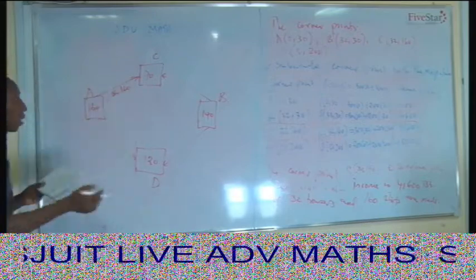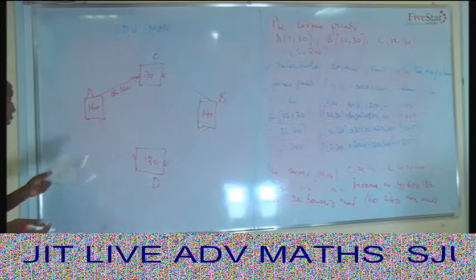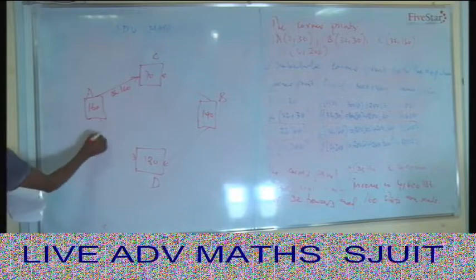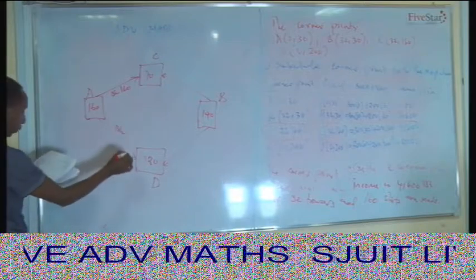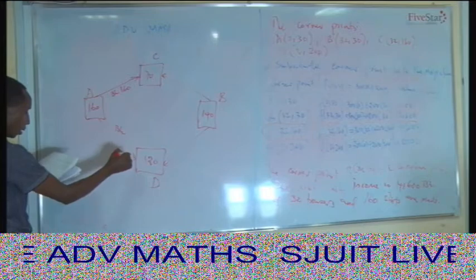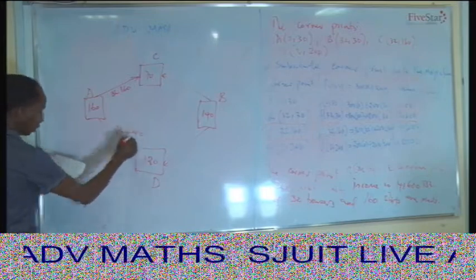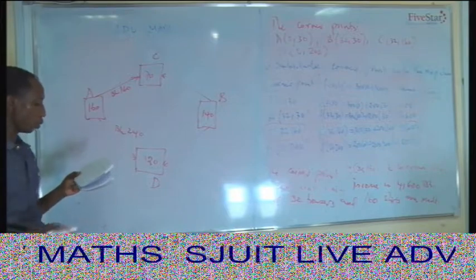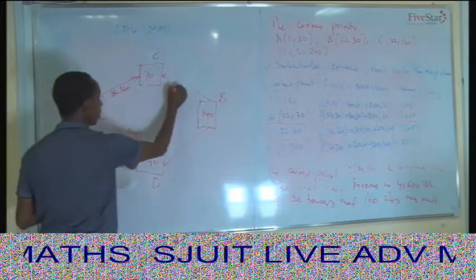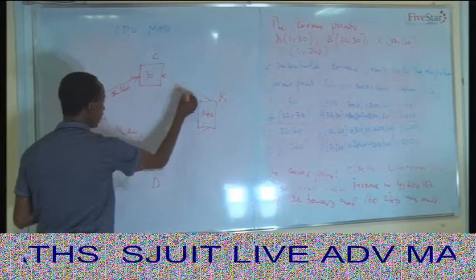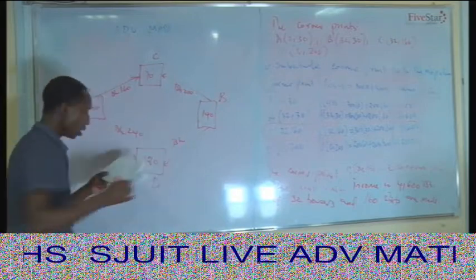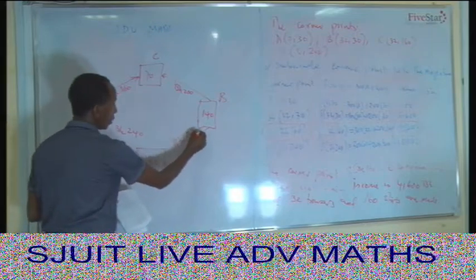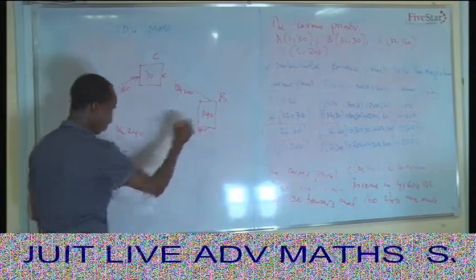This is just 1 unit of flour, and from A to D is Tanzanian shillings 240. Similarly, the cost of transportation from B to C is Tanzanian shillings 200, and from B to D is 260 Tanzanian shillings.